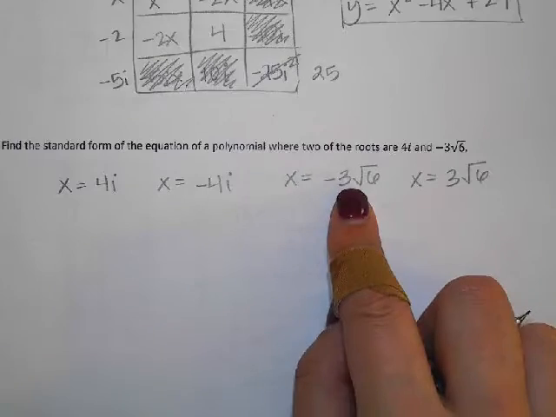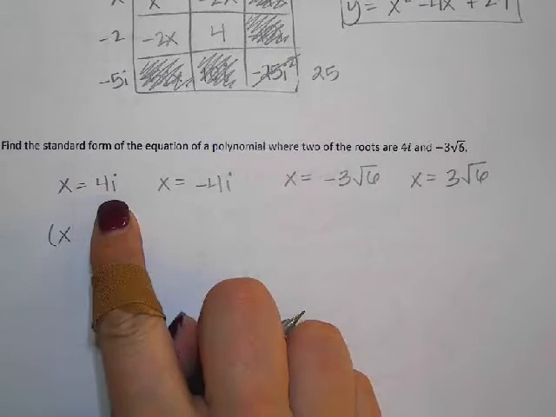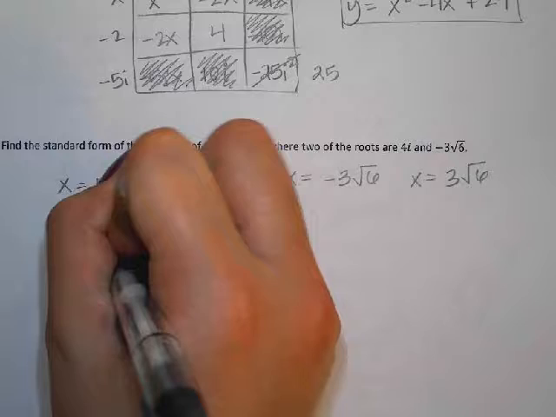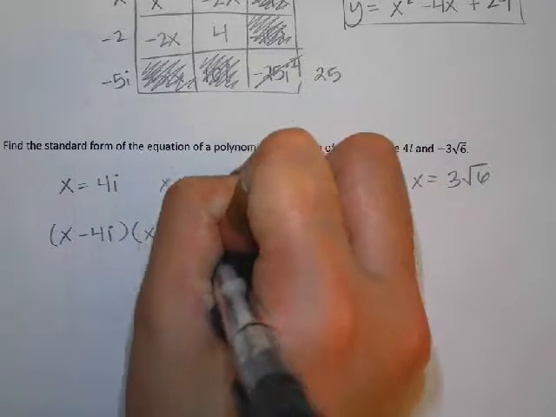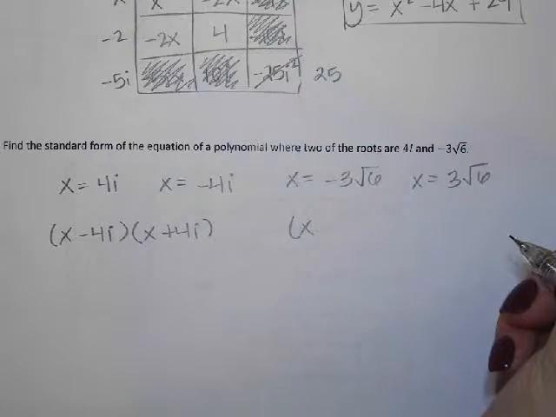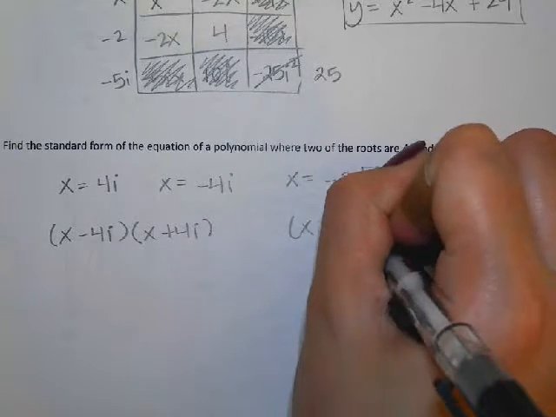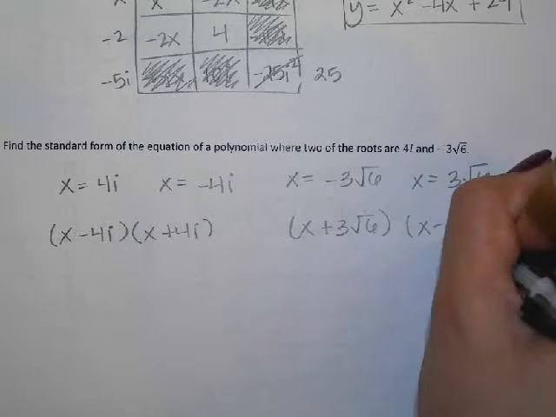Okay, so if we put this in parentheses, we would have x minus 4i, x plus 4i, x plus 3 square root 6, x minus 3 square root 6.